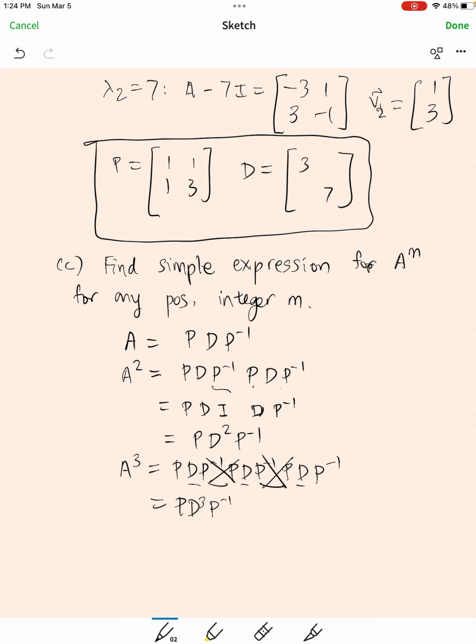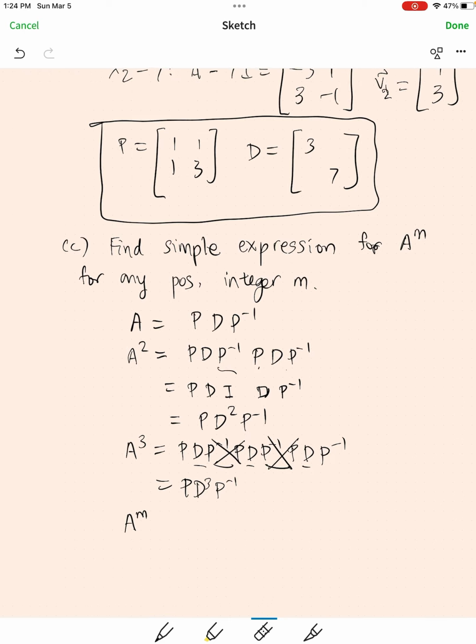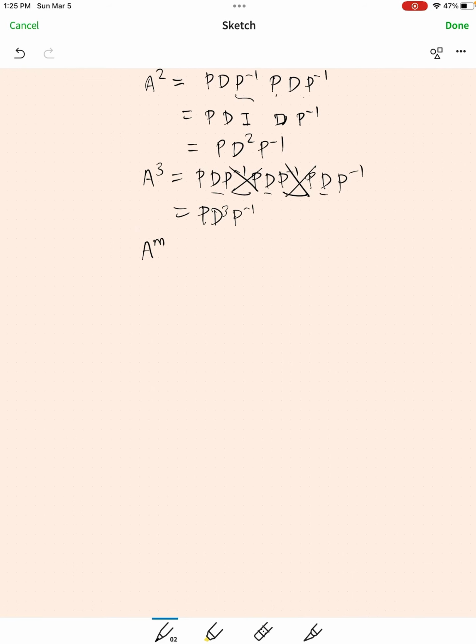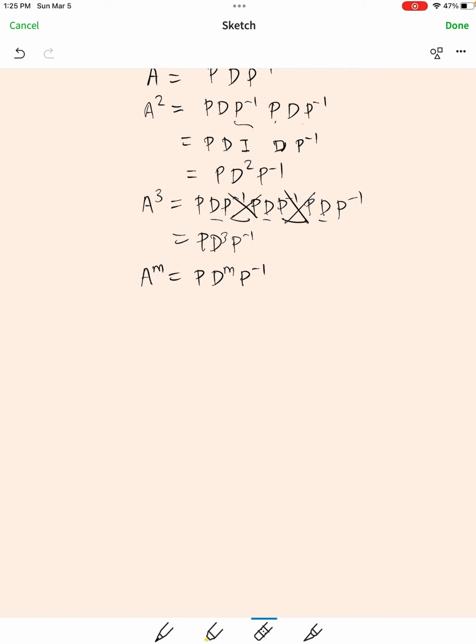So in general, A to the m, if you just do this m times, this is going to equal P times D to the m times P inverse. And so that's just a general fact, right? If A is P D P inverse, that forces A to the m to be P D to the m P inverse.